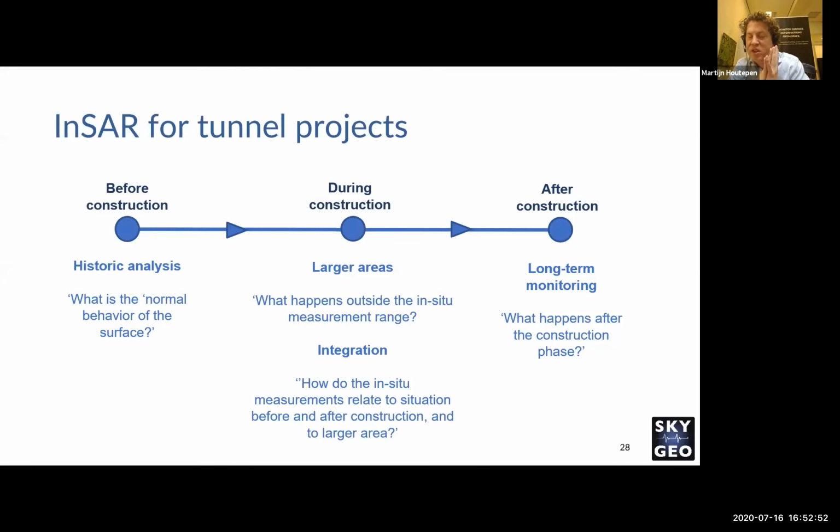We can see what type of events happen during construction. We can do a whole forensic analysis. We can do combinations with in situ measurements, which we didn't show, but we also do that in Göteborg. And after the construction, we can do long-term monitoring to see these problems where people's houses are still moving 4 or 5 years after the fact.